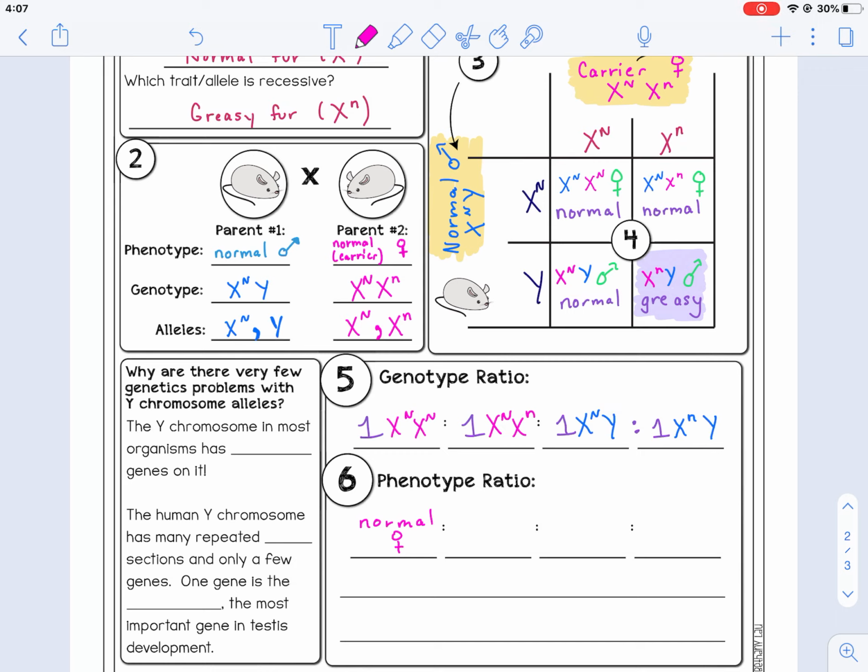The second genotype represents a carrier female. So notice this mouse is going to have normal fur. That's what you're going to see. But she is going to be able to carry on that recessive allele to the next generation.